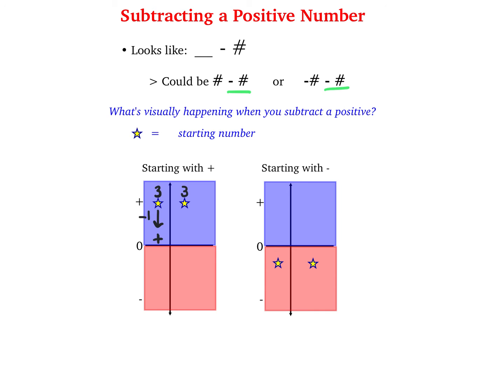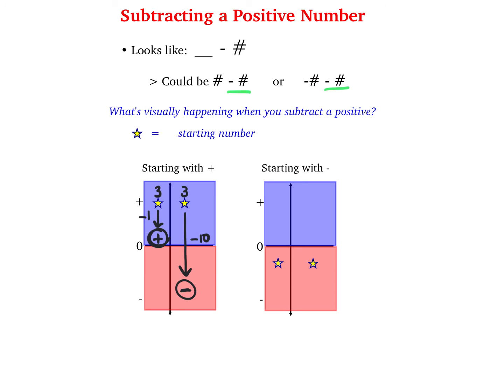I would end up in the positives here because I didn't take away more than what I started with. But let's say you're starting at 3 and you're subtracting away 10. Now, all of a sudden, that's going to push you into the negatives for your answer because you're taking away more than what you started with. That would be a very similar example to debt. If you spend more money than you have, that's going to force you into that negative balance.